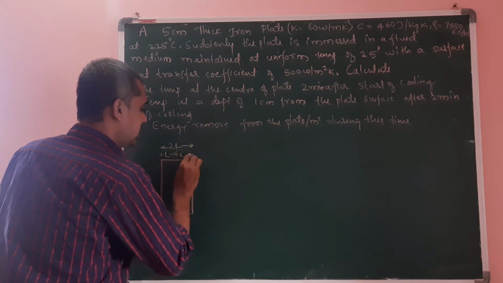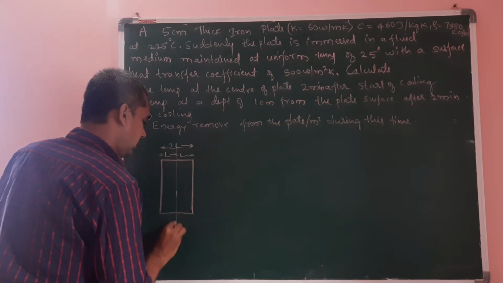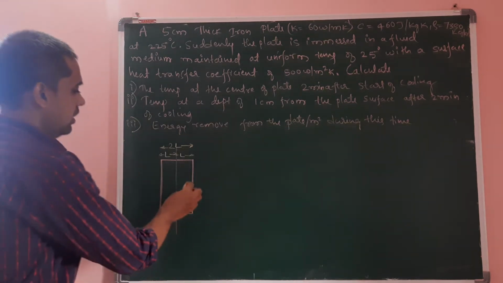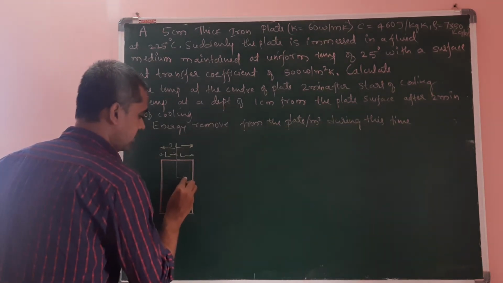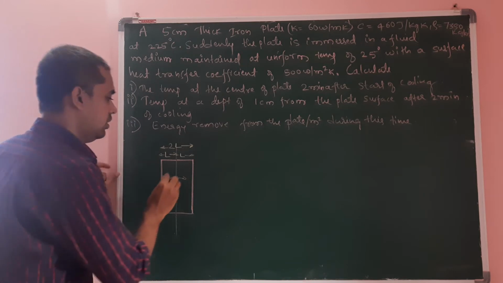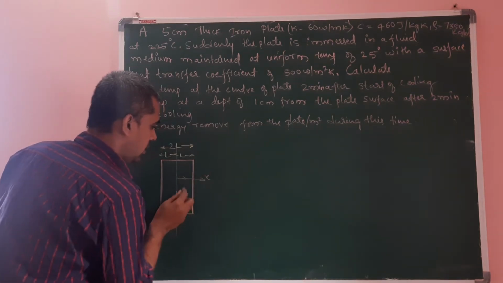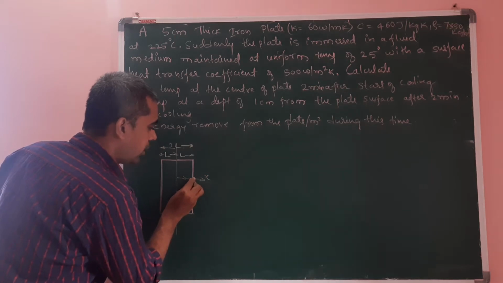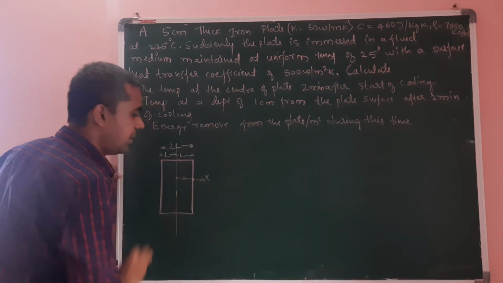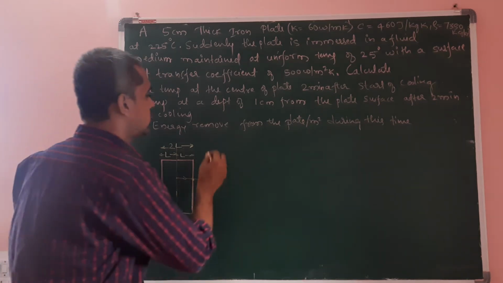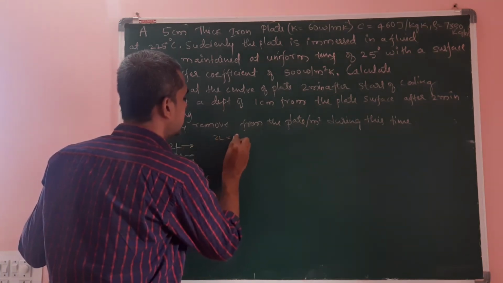From the center, this point is considered as the midpoint, and we take the x direction here; this is the negative x direction. If we take this as the x direction, at this point x will be equal to L, and at this point x will be equal to 0. 2L is equal to 5 centimeter.